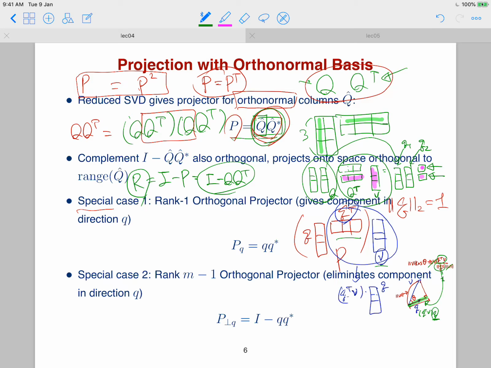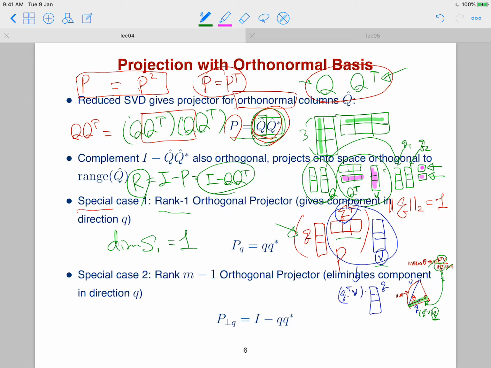And in the case of a rank 1 case, where we only have a single vector, our S1 and its dimension is 1 in this case, right?